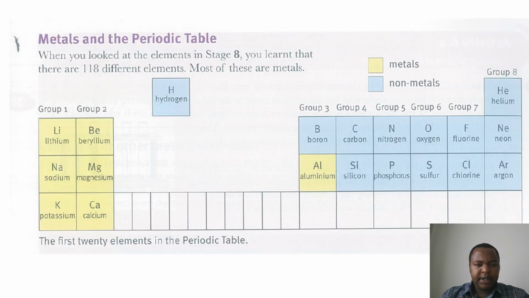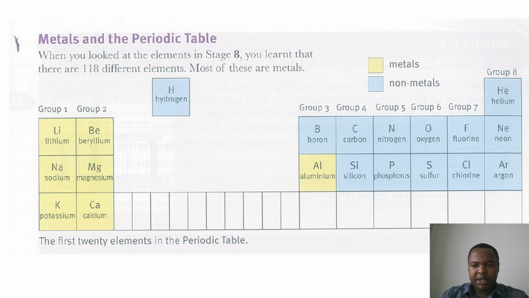Then the next slide, this is the periodic table, which shows you the sections of the metals. Again, just to review, we said the periodic table is divided into two big categories, metals and non-metals.